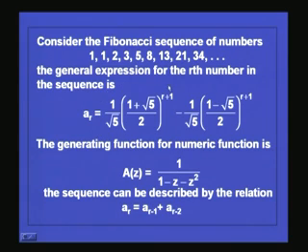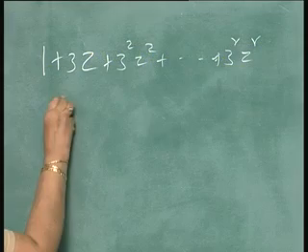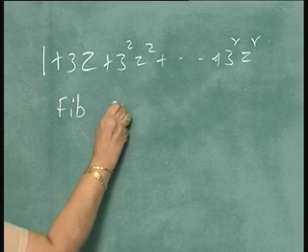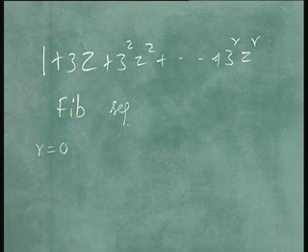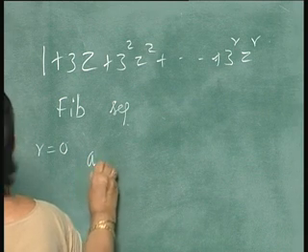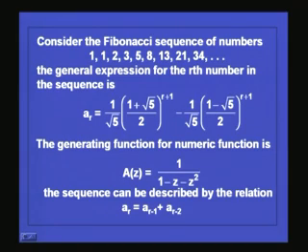But a closed form expression for this is given by this: ar is equal to 1 by root 5 times 1 plus root 5 by 2 to the power of r plus 1, minus 1 by root 5, etc. Just check the Fibonacci sequence. In that expression, put r is equal to 0, then a0 will be 1, starting from 1.